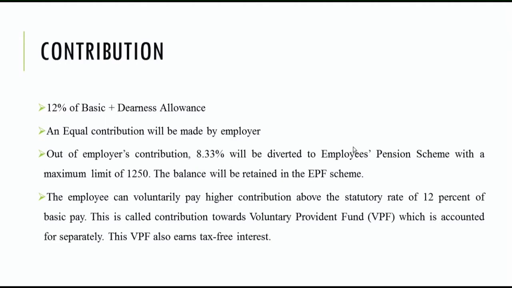But there is a difference in that employer contribution. 8.33% will go to the Employee's Pension Scheme, with a maximum limit of 1,250 rupees. The balance will be retained in the EPF scheme. We will be taking a real-time example to check how contributions are made by employer and employee.